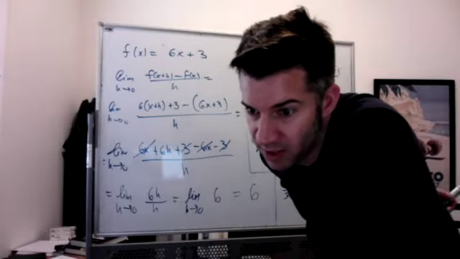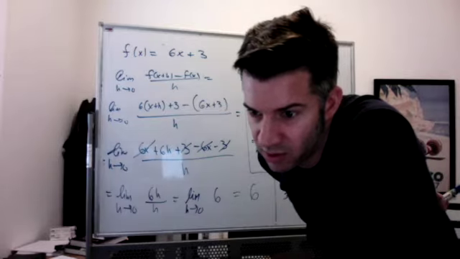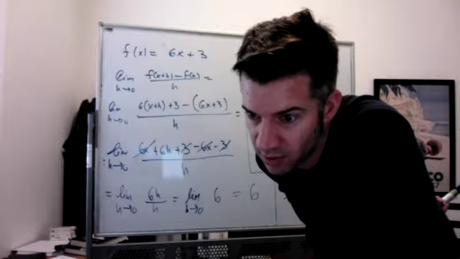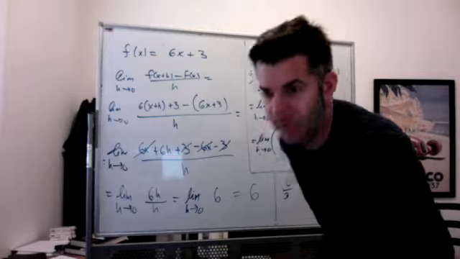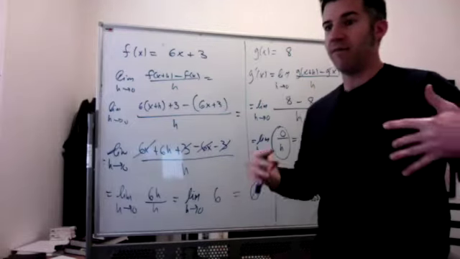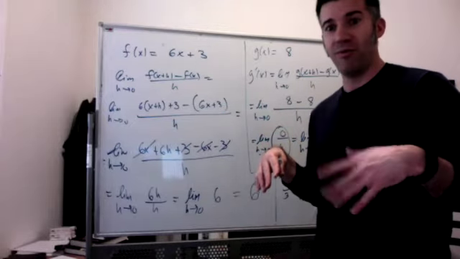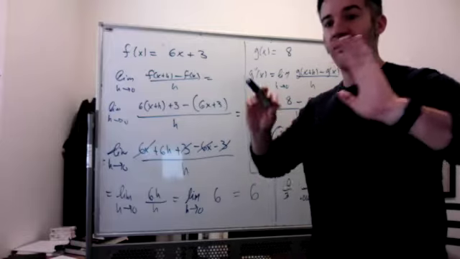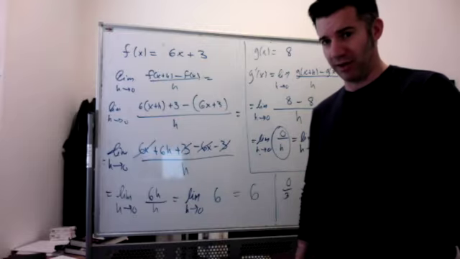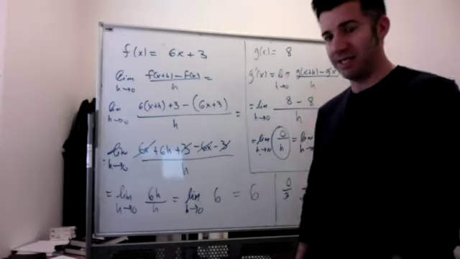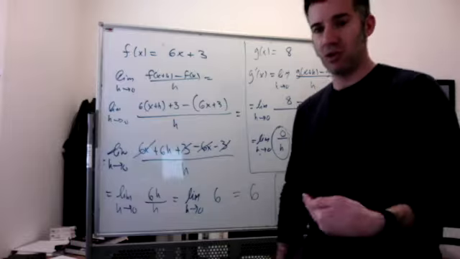When the problem doesn't say to use the definition, we don't have to use it. Good, yeah, that's appropriate. If the problem doesn't say to use a limit definition, you should not use a limit definition.